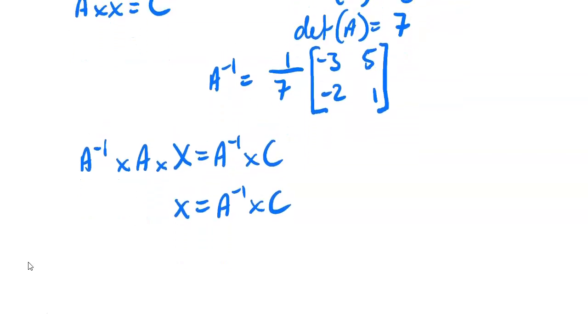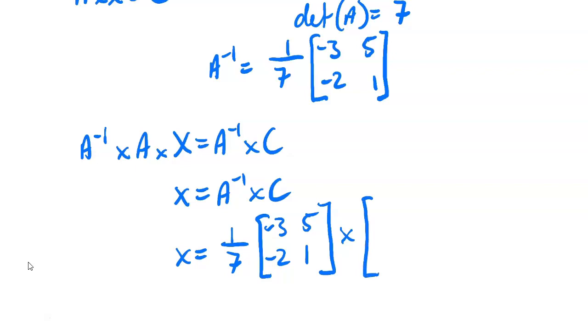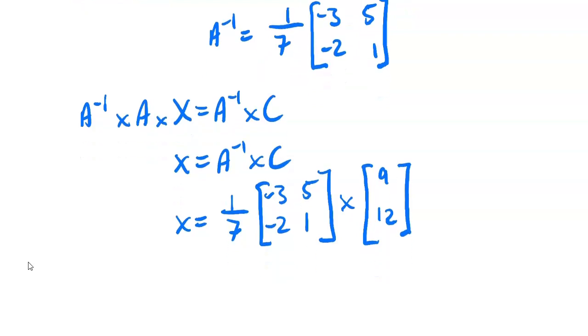Okay, so that means X is equal to 1 on 7, negative 3, 5, negative 2, 1, times C, which is 9, 12. Okay, equals 1 on 7.